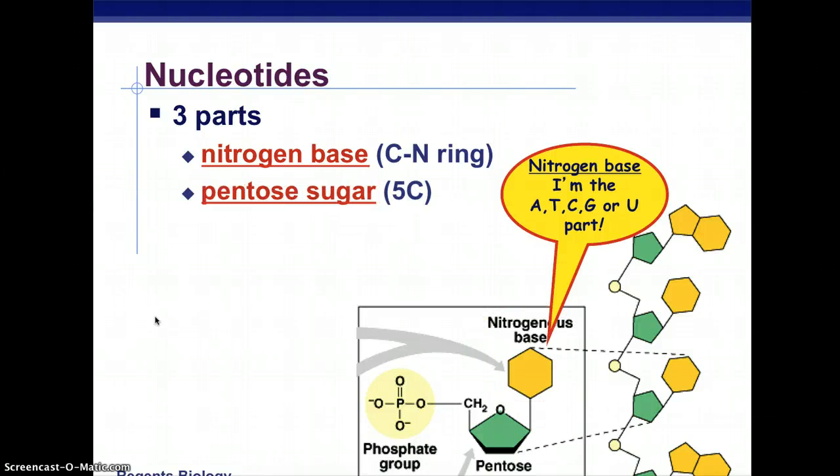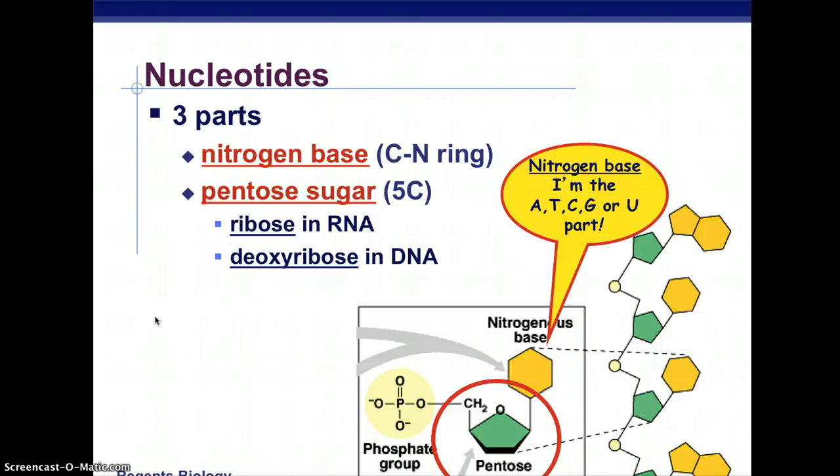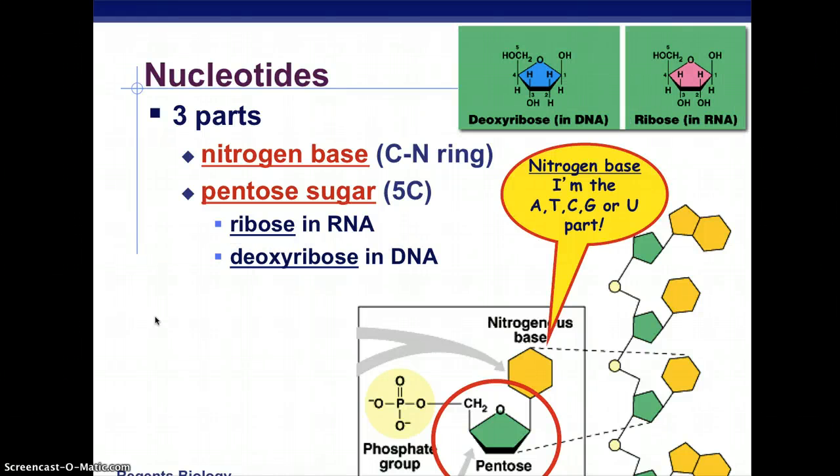And there's a pentose sugar, so there's actually a carbohydrate involved with nucleic acids. And this particular one is a ribose sugar, or if it's in DNA, it would be a deoxyribose sugar. And really, there's only a small, slight difference. So deoxyribose, on the second carbon here, notice we're missing the OH group that you would see in ribose.